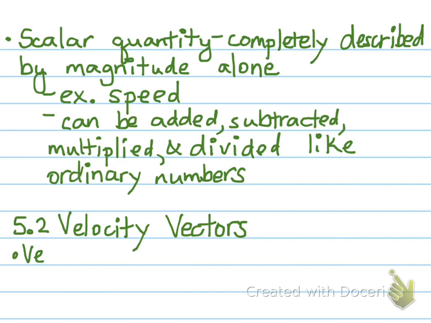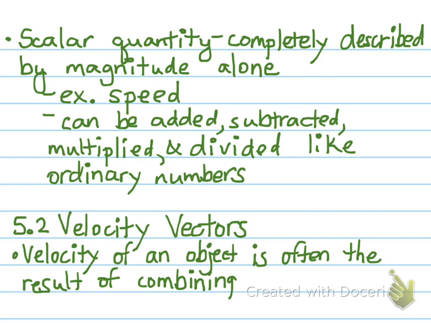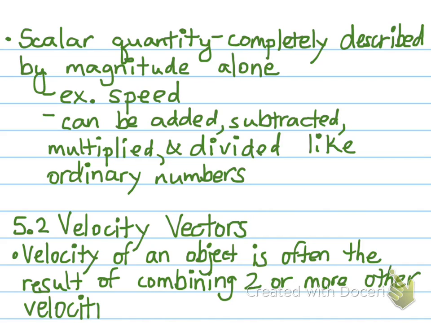So the velocity of an object is often the result of combining two or more other velocities. So we're going to take a look at an example of that.